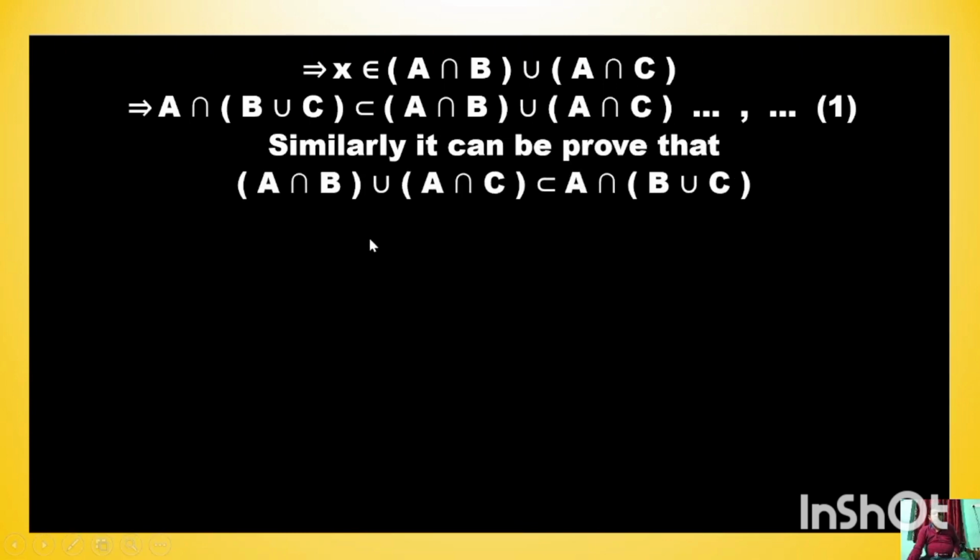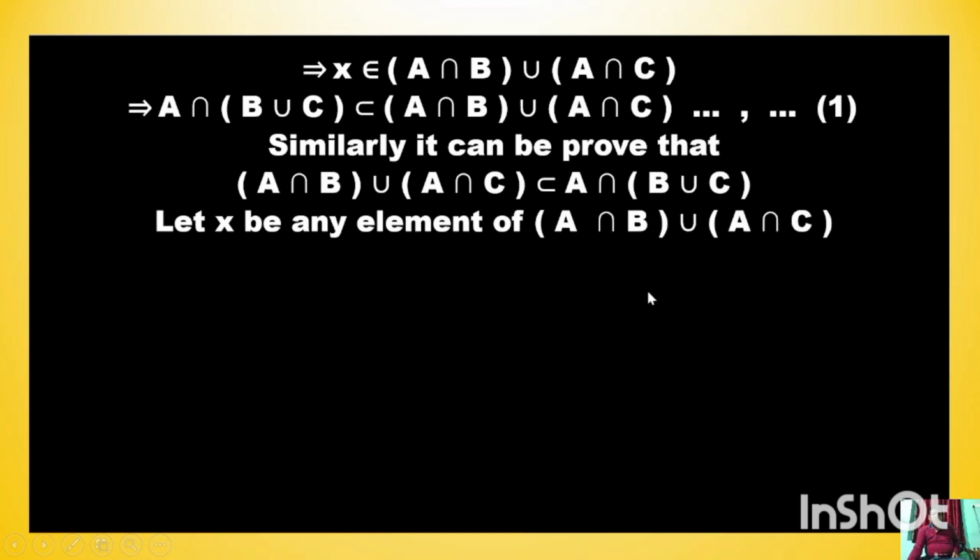The reverse part also we can prove. A intersection B union A intersection C is also a subset of A intersection B union C. Similarly, it has been proved for you.